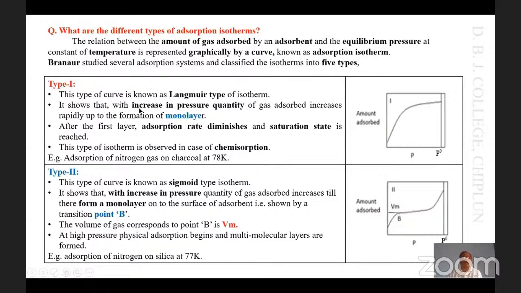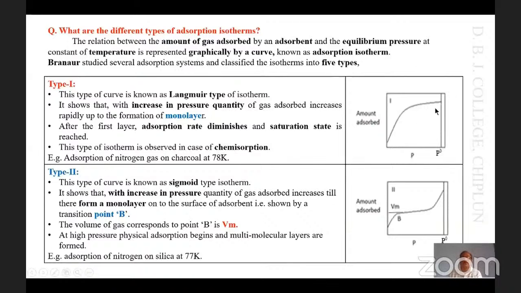It shows that with increase in pressure, the quantity of gas adsorbed increases rapidly up to the formation of a monolayer onto the surface of the adsorbent. After the first layer, the adsorption rate diminishes, diminishes means decreases, and a saturation state is reached.